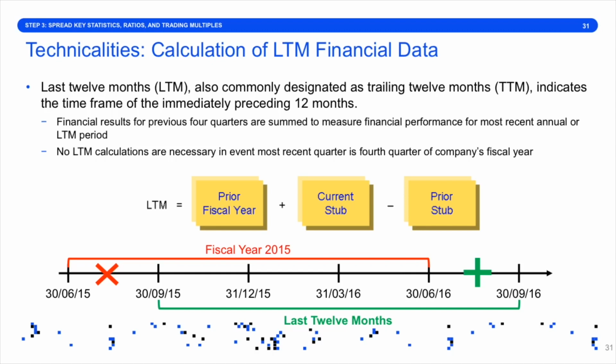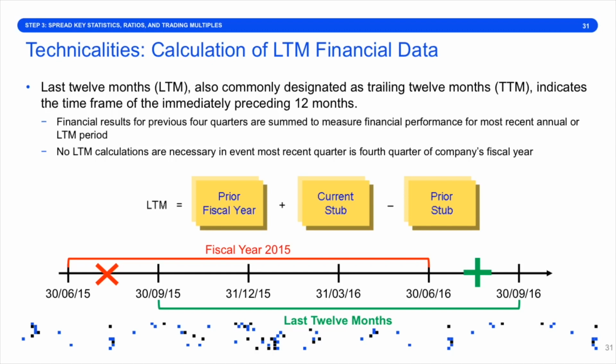Let's take, for example, income statement sales. Okay? I want to know what are the sales of the company in the last 12 months, or the LTM sales. So what you do is you take the sales in the fiscal year 2015, so basically the sales of the financial statement. And these sales cover from the end of June of 2015 to June of 2016.